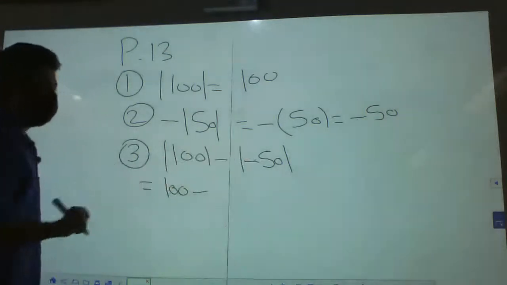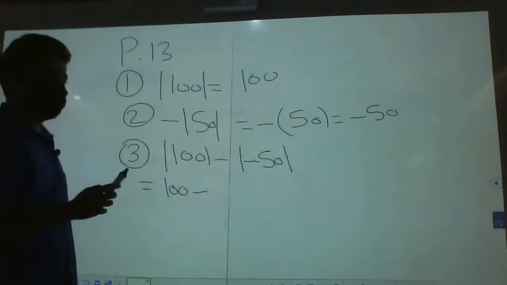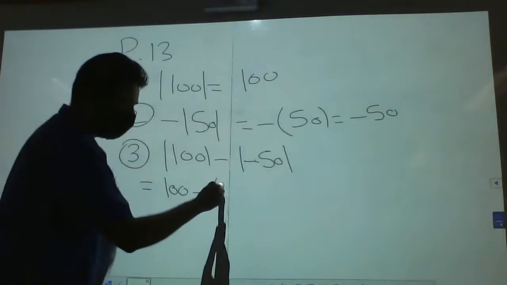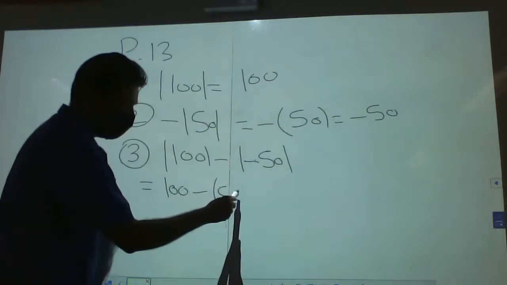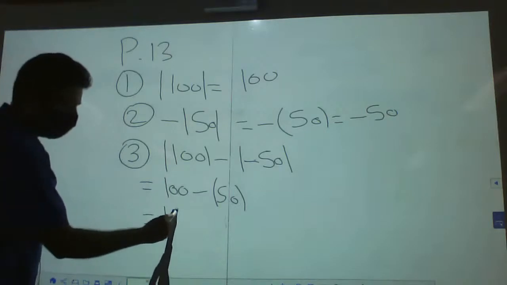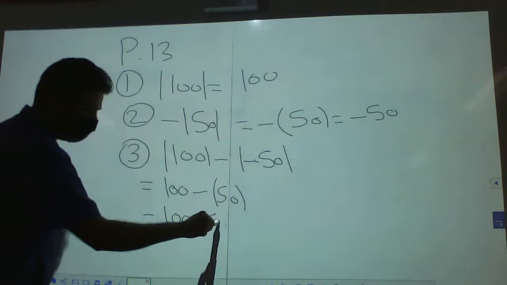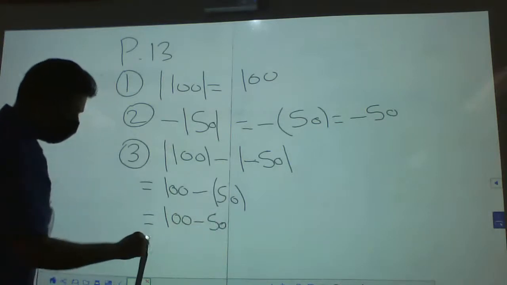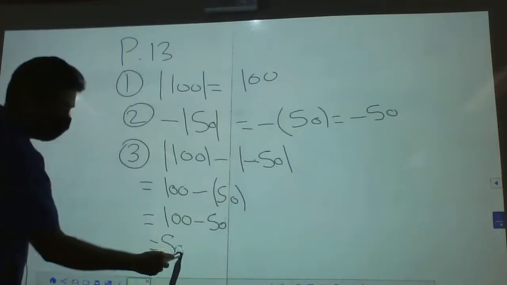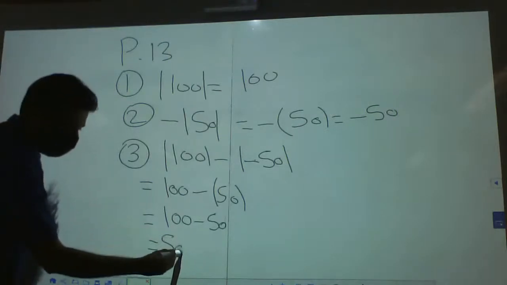Minus, how about this one? Absolute of minus 50 is 50 only, but we have to keep it in brackets, right? Next, if we see 100 minus 50, what is the answer? It is 50, right?